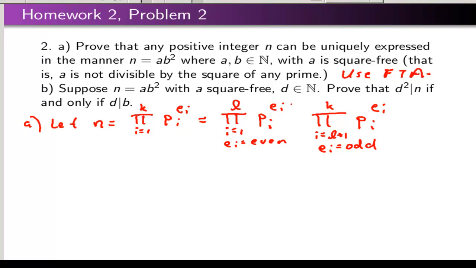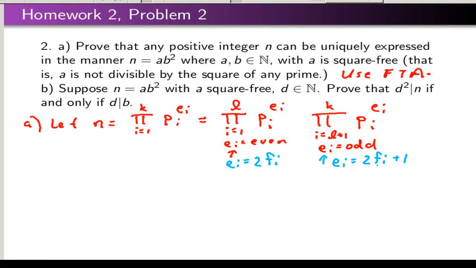All of the even exponents have a 2 in them, and all of the odd ones are of the form 2k plus 1. I'll let you introduce it: you could say the ei is 2 fi for the even ones, and the odd ones would be of the form 2 fi plus 1, for some natural numbers fi.